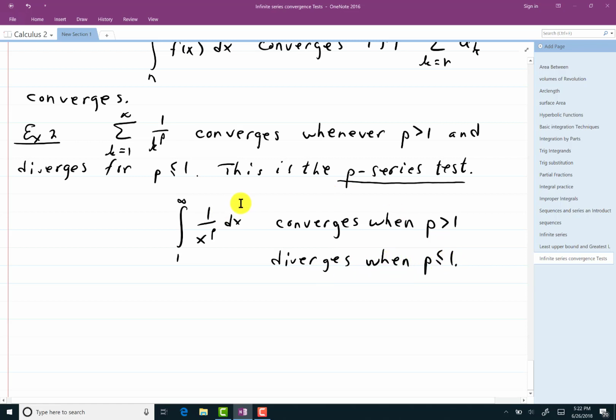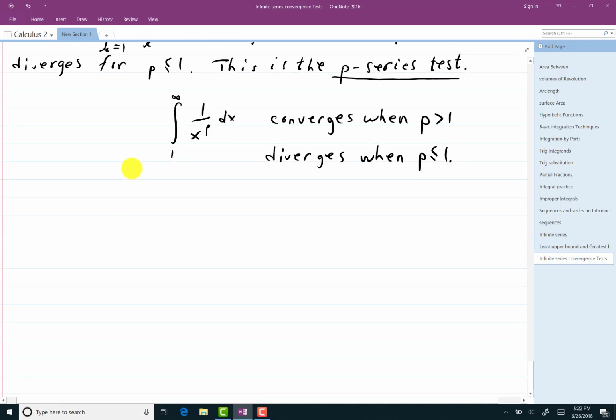So it follows the exact same test as we used for integrals. So this is really easy to see.